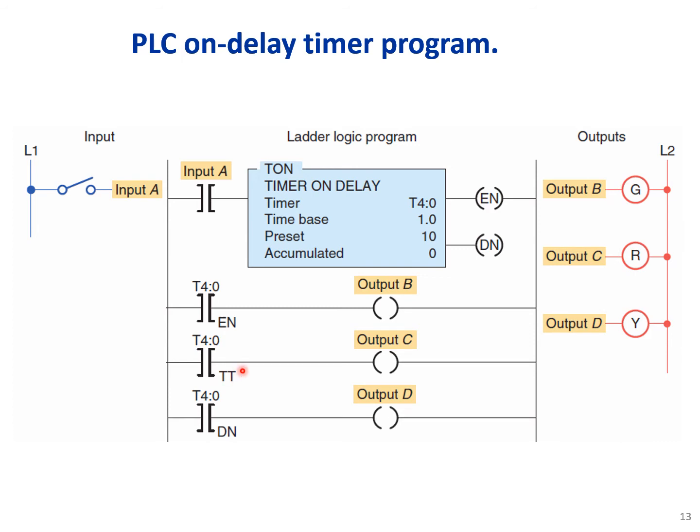For example, in Codesys you don't, so you need to program it. So if you watch related videos on how to use on-delay timers in Codesys, you will learn how to program this specific line. And at the end we have a done bit, so once the timer is done after 10 seconds, the output D, or the yellow pilot light, will go on.